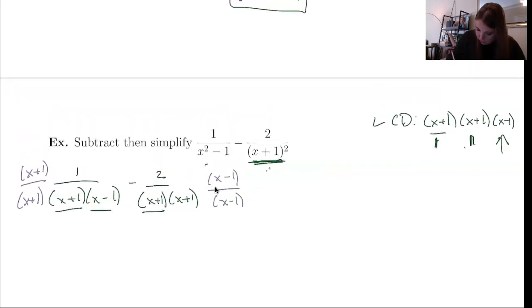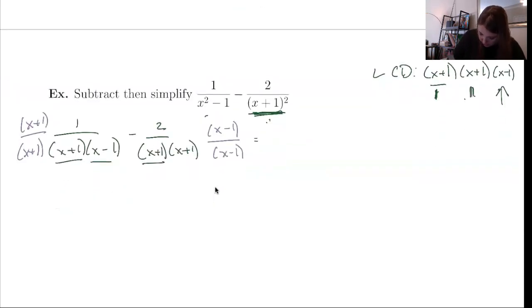Okay, so my first fraction, remember just multiplying fractions, I get 1 times x plus 1, x plus 1, x plus 1, x minus 1. Usually I like to write my denominator first because I like to be centered.